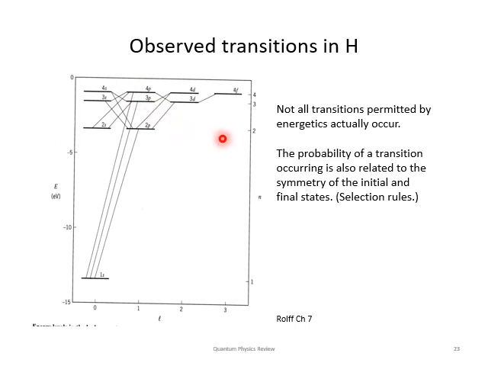There are some transitions that we don't see and some energies that we don't see. The probability of a transition actually occurring also turns out to be related to the symmetry of the initial and final states, and the mechanism by which the transition occurs. We're going to talk quite a bit more about that in a little bit.